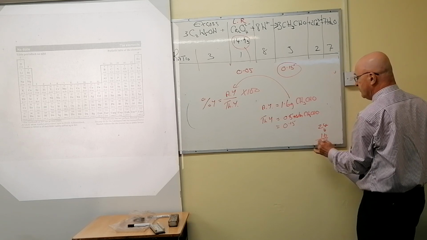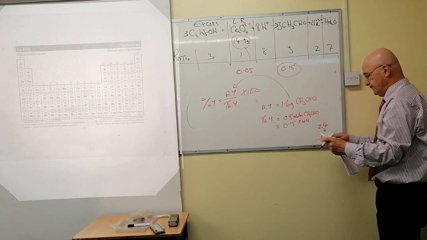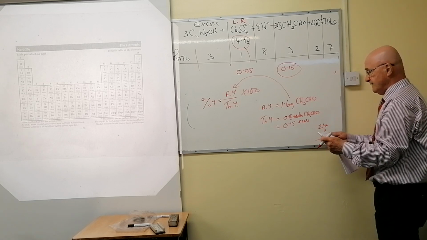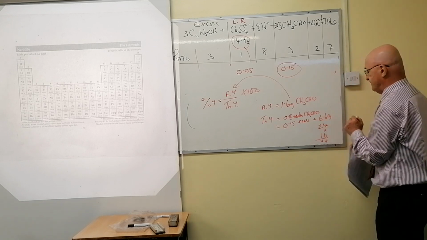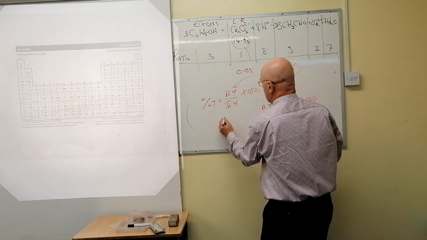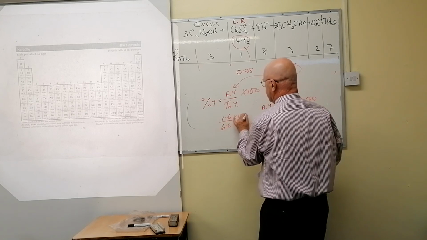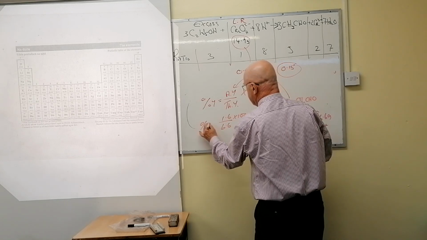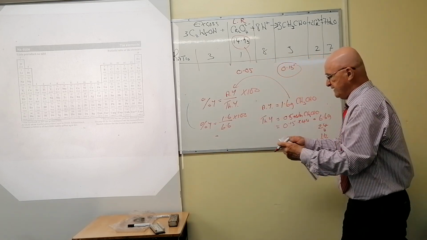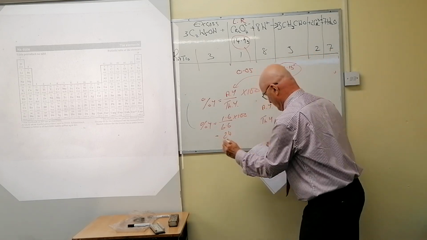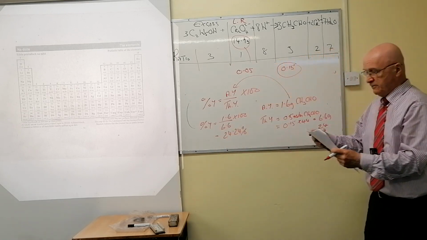That's 44. Multiplied by 44, and the theoretical yield came out to be 6.6 grams. So there you have 1.6 grams over 6.6 by 100 is the percentage yield. And the percentage yield came out as 24.24. Okay, it came out as that.